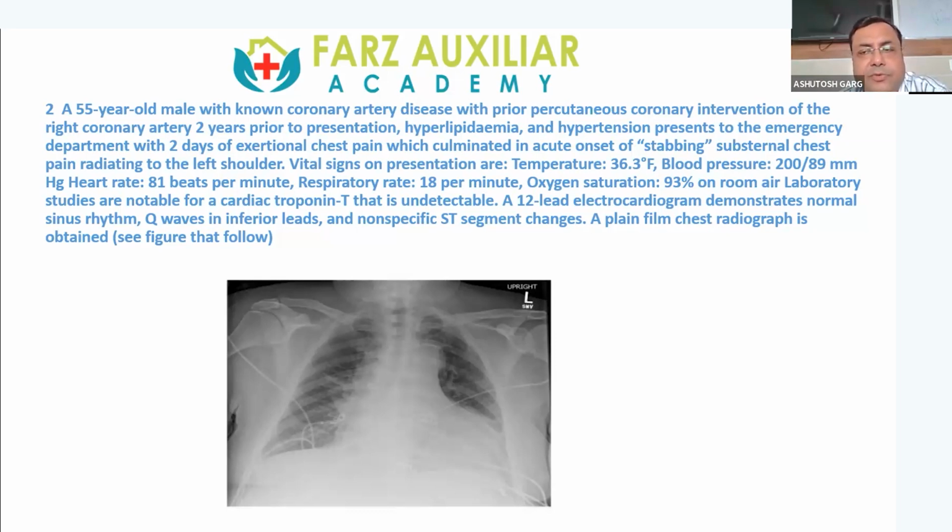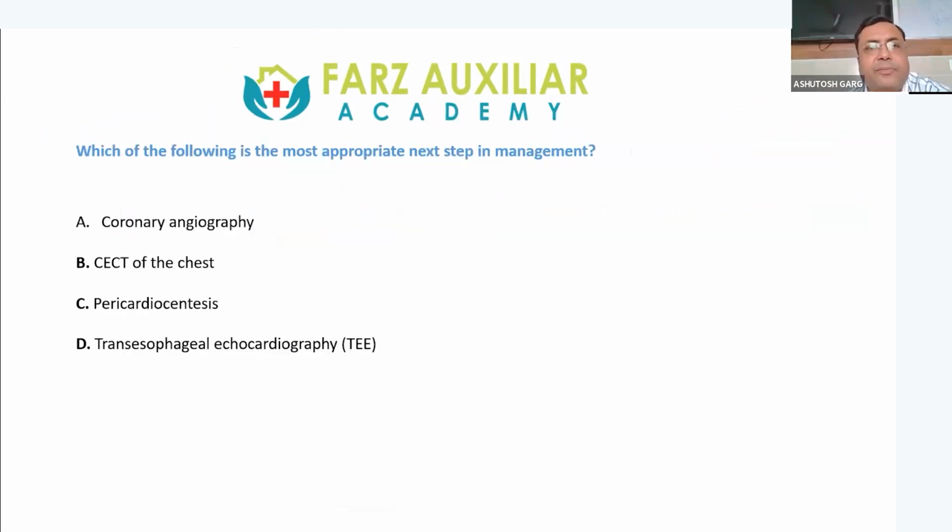Temperature is 36.3, blood pressure 200/89, heart rate 81, respiratory rate 18 per minute, saturation 93% on room air, and cardiac troponin T is undetectable. 12-lead ECG demonstrates normal sinus rhythm, Q wave in inferior leads, and non-specific ST segment changes. X-ray is in front of you. What is the most appropriate next step in management? Coronary angiography, CT of the chest, pericardiocentesis, transesophageal echocardiography.